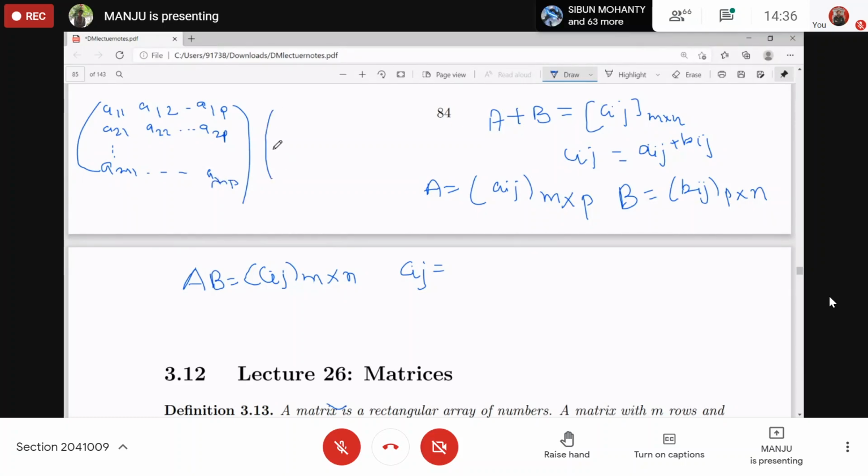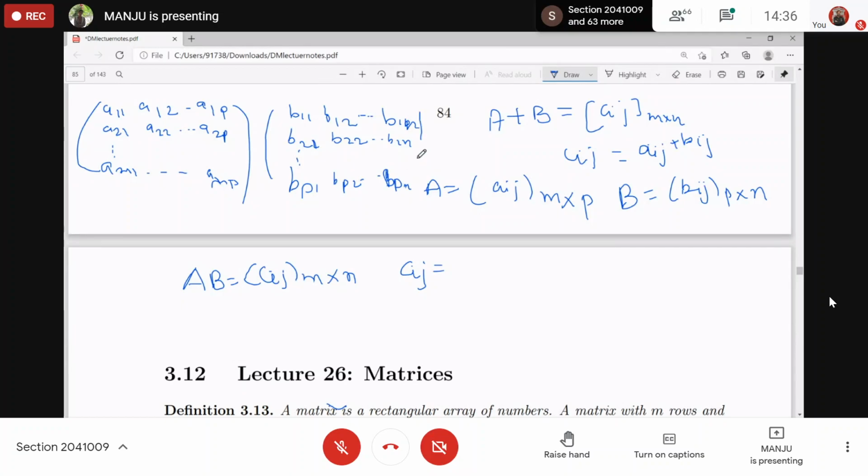And for B we have B11, B12, up to B1n, okay? B21, B22, and so on up to B2n, and here you have Bp1, Bp2, and so on up to Bpn, right?